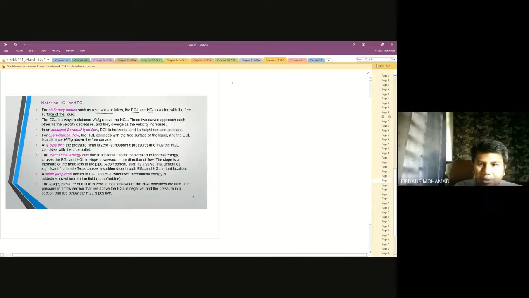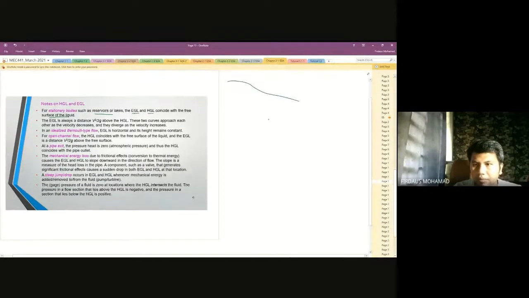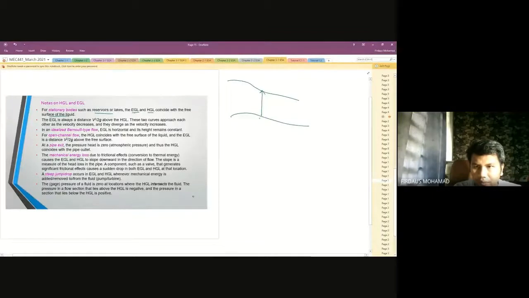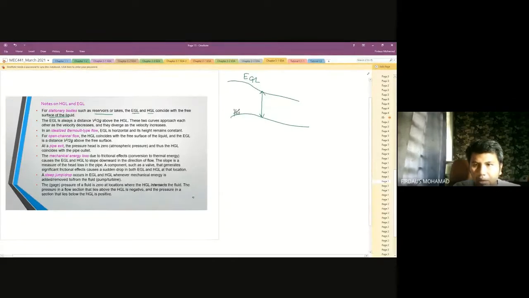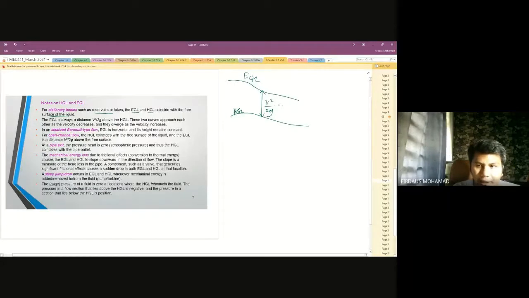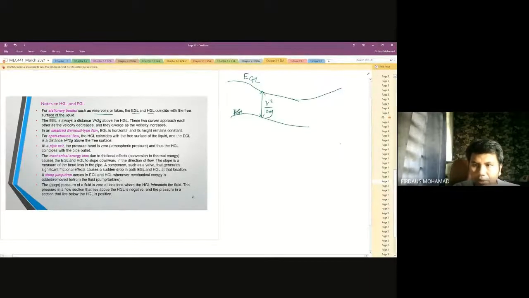Sebab distance yang ni antara EGL dengan HGL, V squared over 2G. If V increase, dia akan diverge.